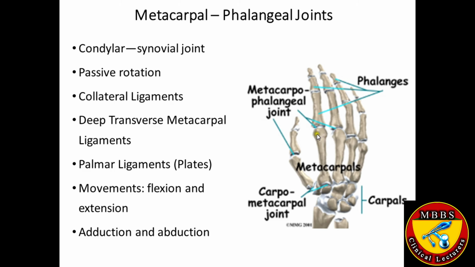The collateral ligament is attached to this joint over here, and the deep transverse metacarpal ligament is also attached. These are the small ligaments which are attached over there. Palmar ligaments form the plate over here, and flexion and extension are the movements of this metacarpophalangeal joint, with a little bit of contribution to adduction and abduction of the hand as well.